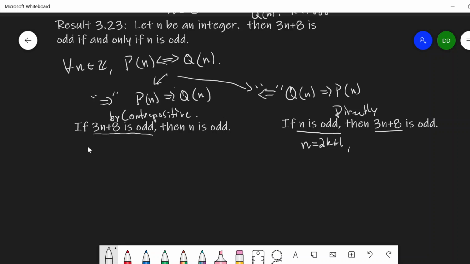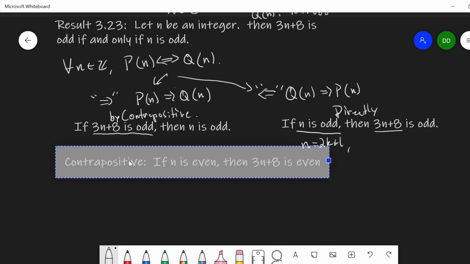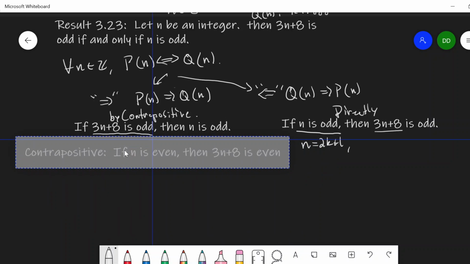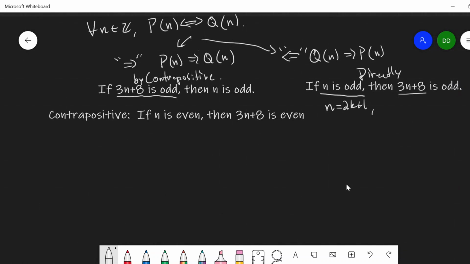The contrapositive would be: if n is not odd, if n is even, then 3n plus 8 is not odd, is even. So that's my proof technique. This one directly: n is odd implies 3n plus 8 is odd, and this forward direction by contrapositive: if n is even, then 3n plus 8 is even.